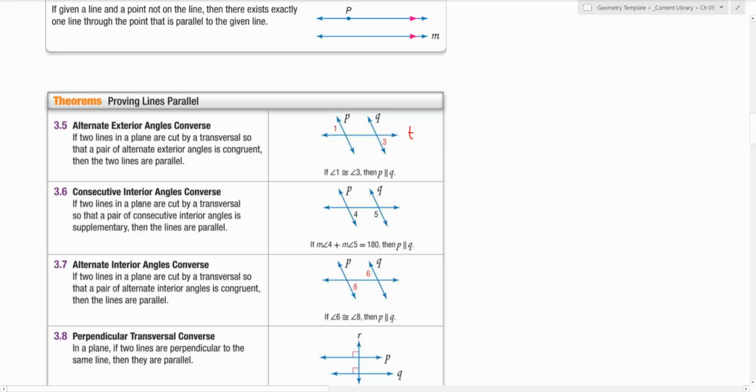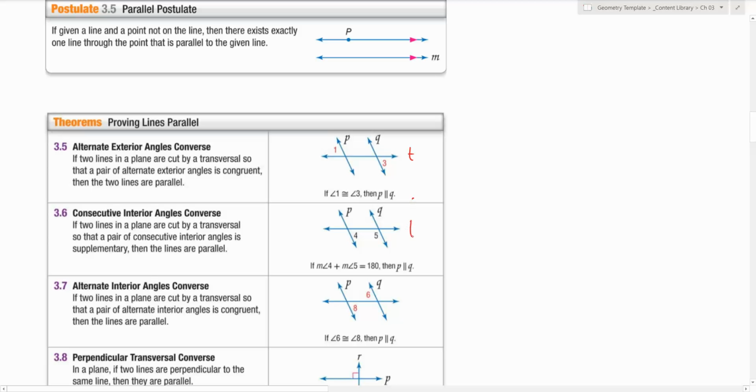Moving on, consecutive interior angles converse. We're starting with the fact that we have 2 lines, P and Q, we don't know if they're parallel yet, cut by a transversal, T, such that consecutive interior angles 4 and 5 are supplementary, right?